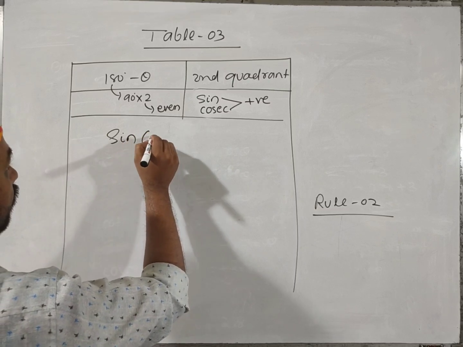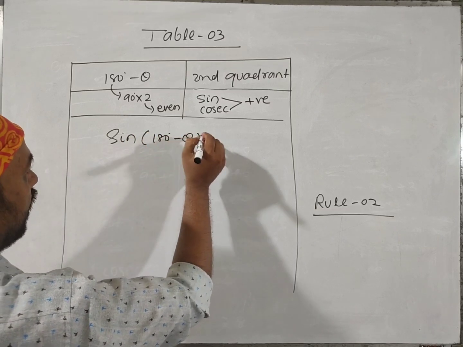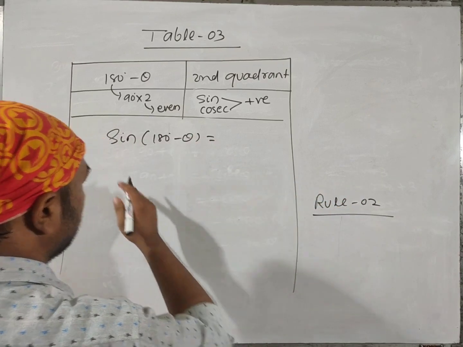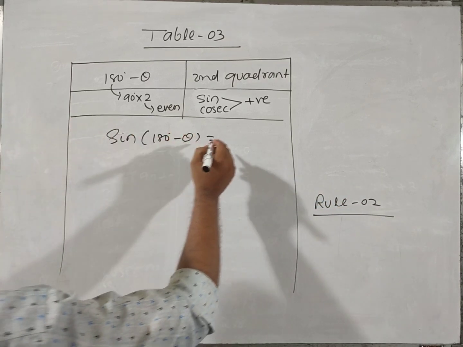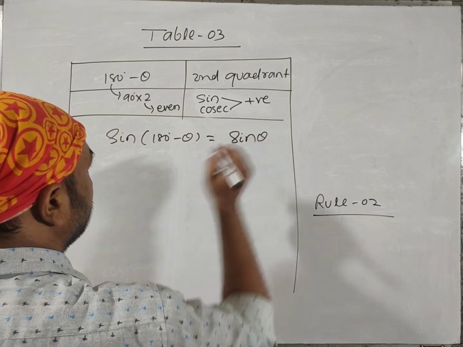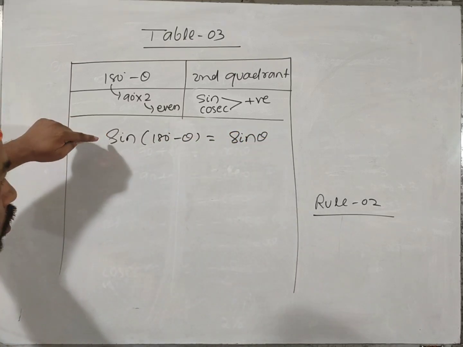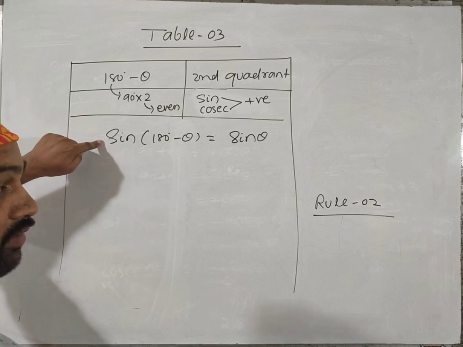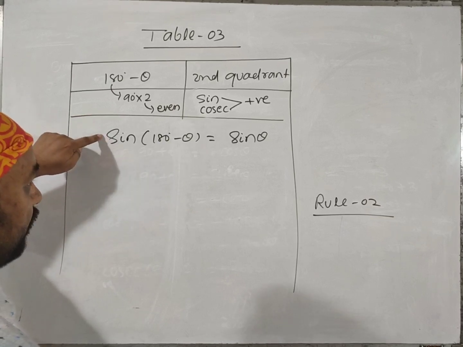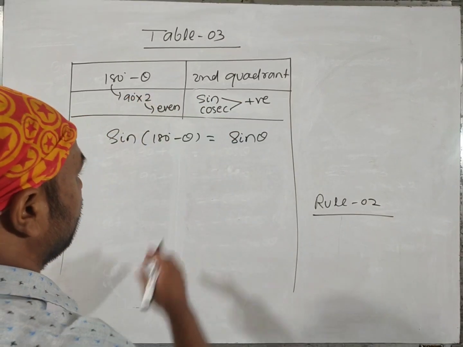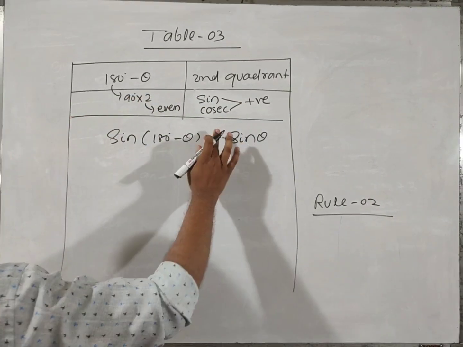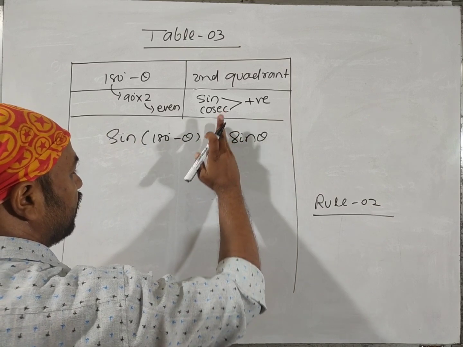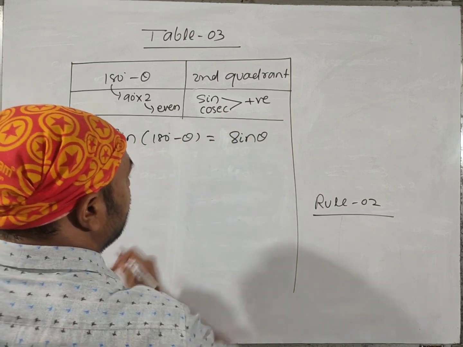Sine 180 degree minus theta, as all of you know that here rule 2 is applied, so sine will remain as sine, so it is sine theta. Then you have to go through whether it will be positive or negative. You have to mark the given trigonometric function, here it is given sine, and here sine is positive, so positive sign will be there. Or you may not write down positive because positive sign is not written here.